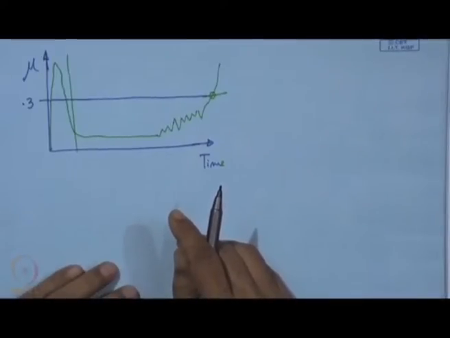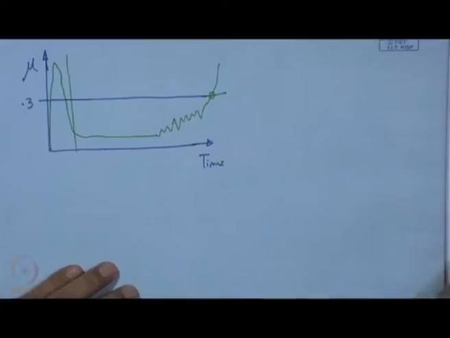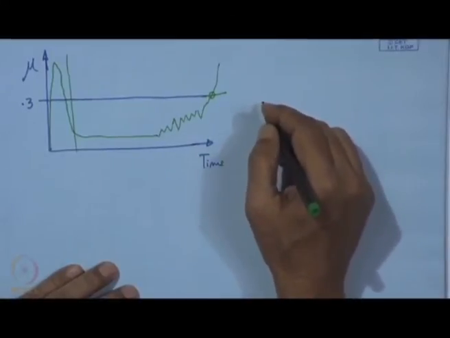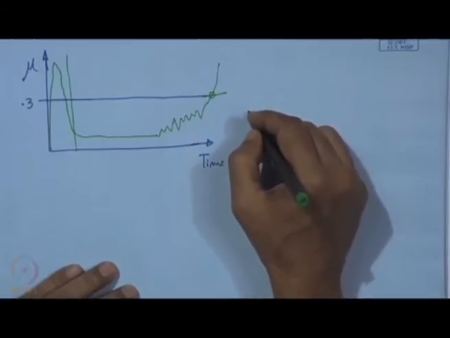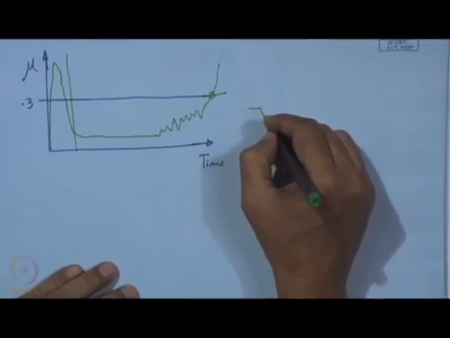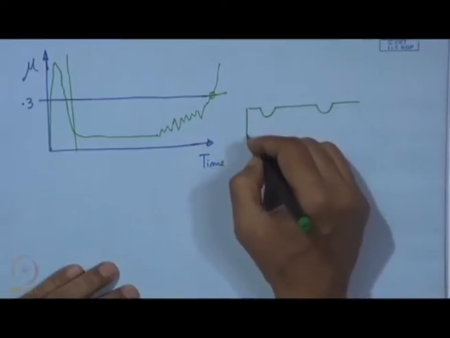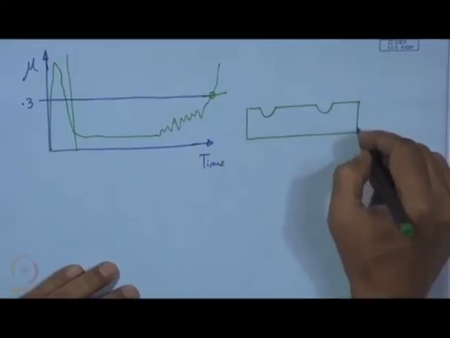Now, measurement of wear and wear coefficient. This wear coefficient, as we see the wear track and the cross sectional view, is going to be the cross sectional view of the coating.